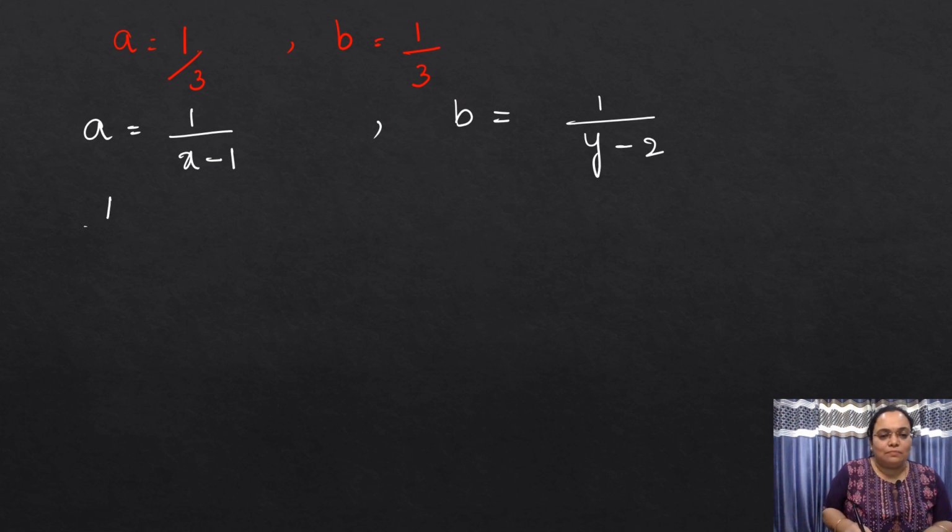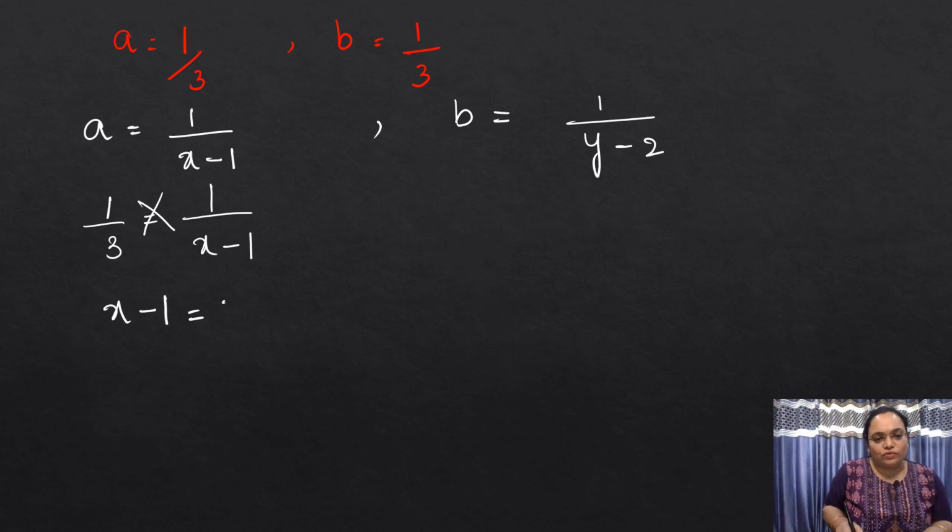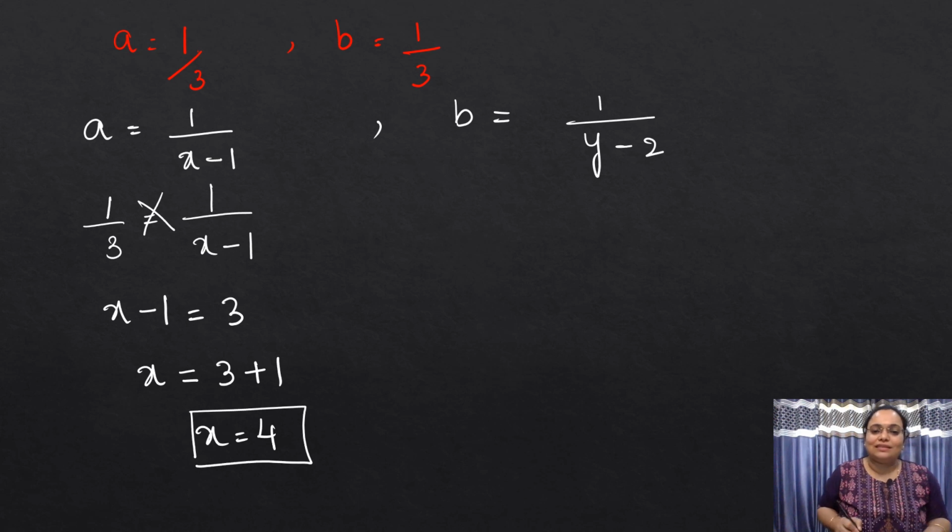Okay? 1 by 3 is equals to 1 by x minus 1. You will cross multiply, which is x minus 1 is equals to 3. x is equals to 3 plus 1. x is equals to 4. Okay. So the value of x is 4.